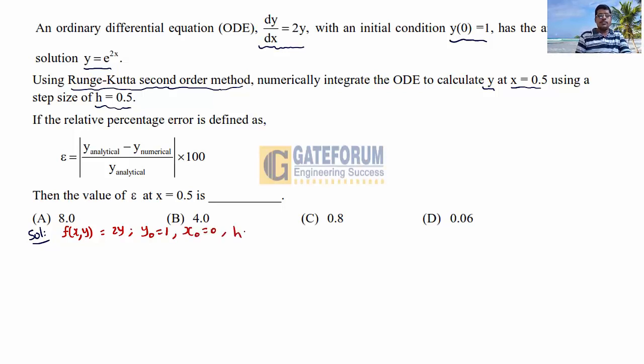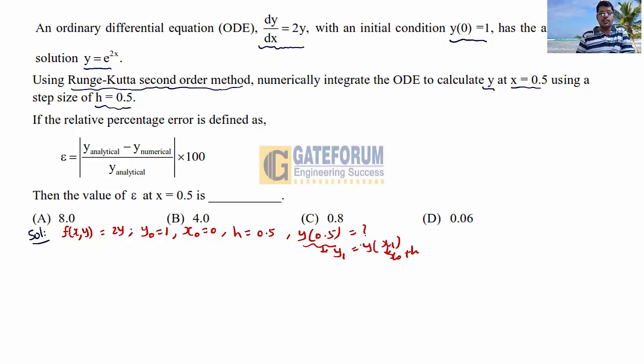Step size value 0.5. Now we need to calculate y of 0.5 is equal to question mark. So this y of 0.5 is also y1. Y1 means the y value at x1. So x1 means x0 plus h. That is, h value 0.5. That is finally y of 0.5.